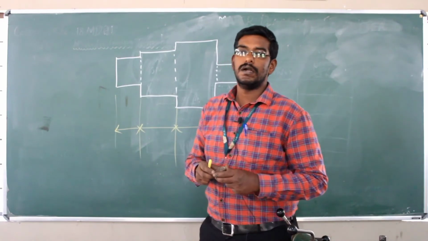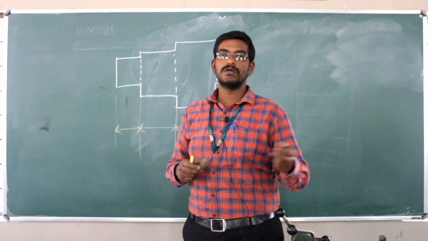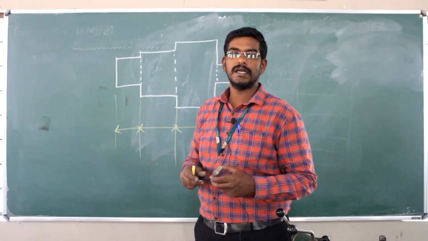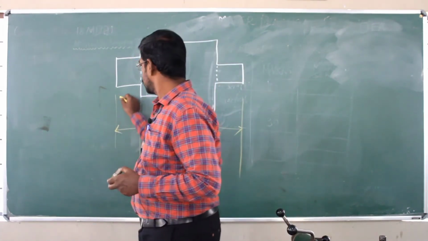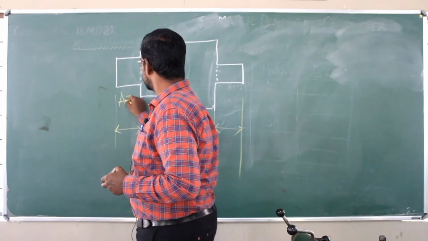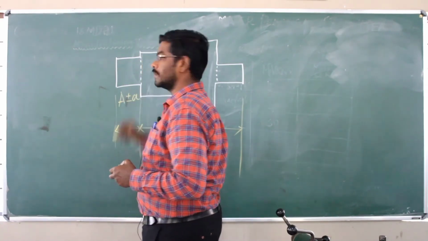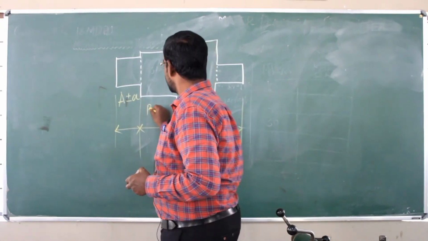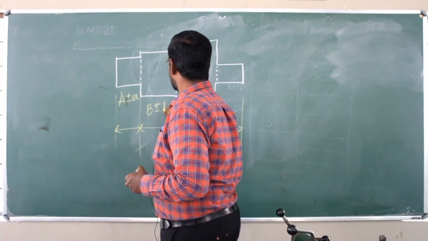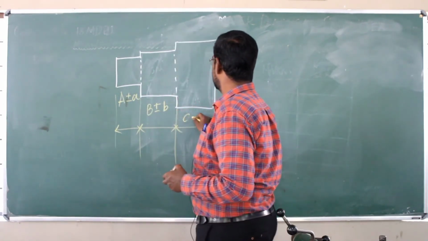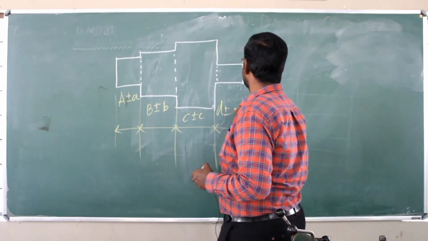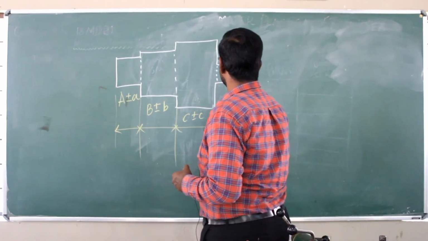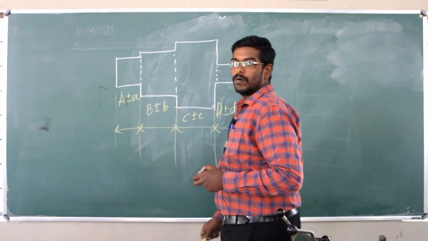Without dimensions, I cannot give the process chart to an operator or any kind of labor. So here I am going to fix this as A plus or minus small a, here B plus or minus small b, C plus or minus small c, D plus or minus small d. What is this?